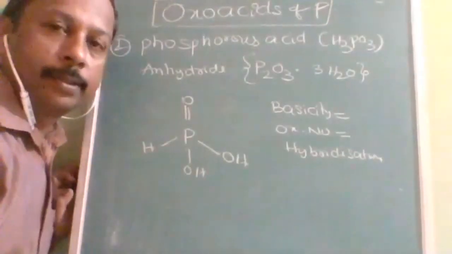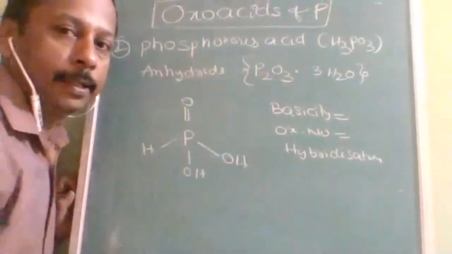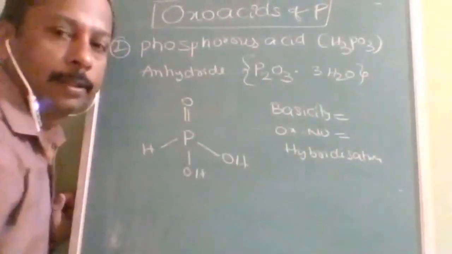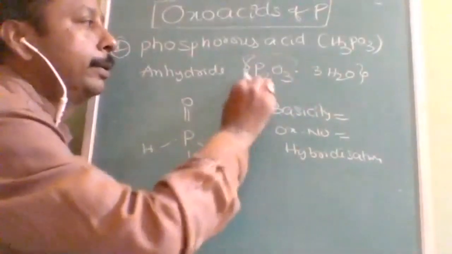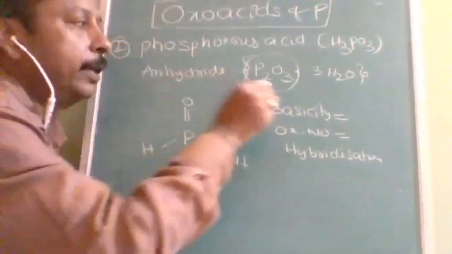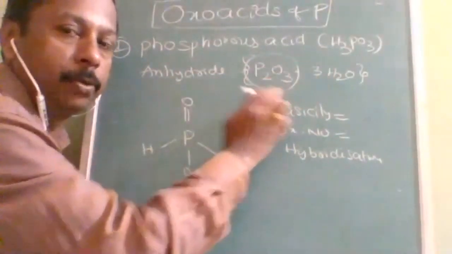Coming to the next oxo acid of phosphorus, that is phosphorus acid, H3PO3. This is mostly available in almost all books. The main thing is it is considered an acidic anhydride. Its anhydride is P2O3.